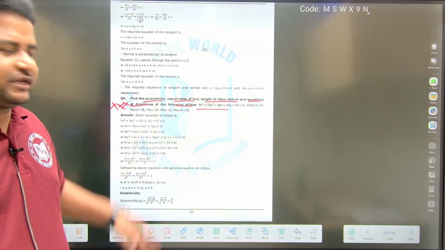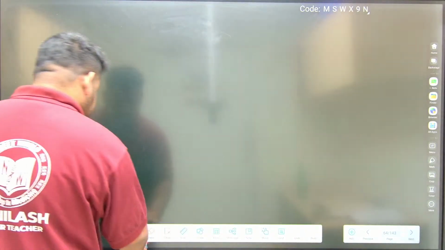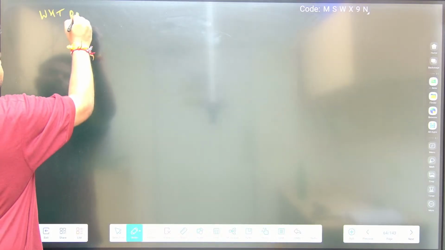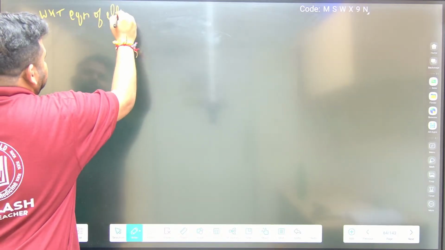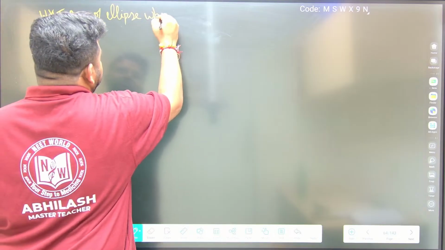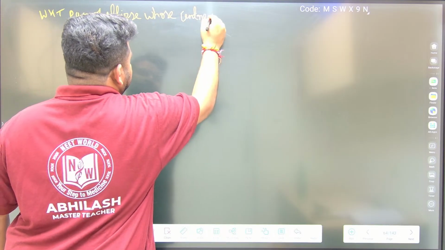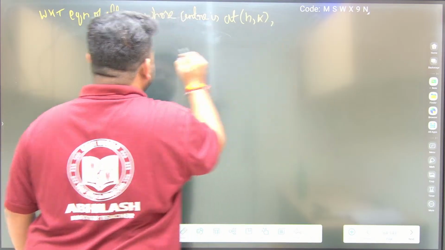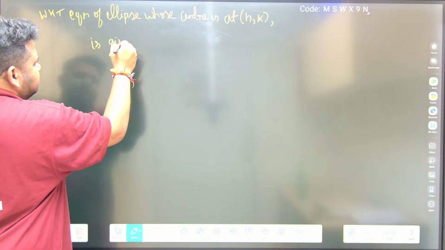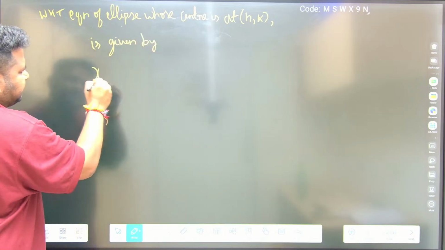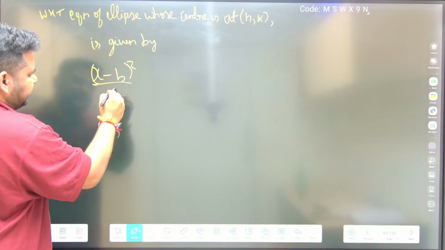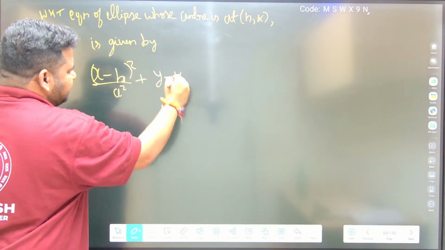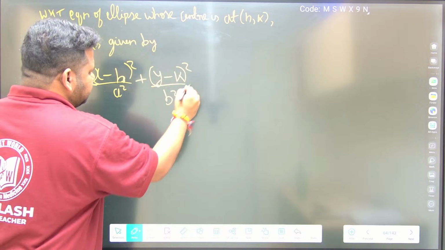Now when it is not at the origin, before I solve this question, let me tell you the concept. We know that the equation of an ellipse whose center is not at the origin, let us take it at some point h comma k, is given by x minus h whole square by a square plus y minus k whole square by b square is equal to 1.